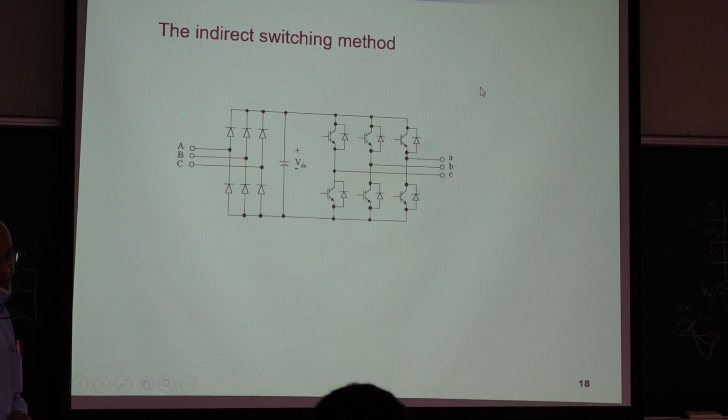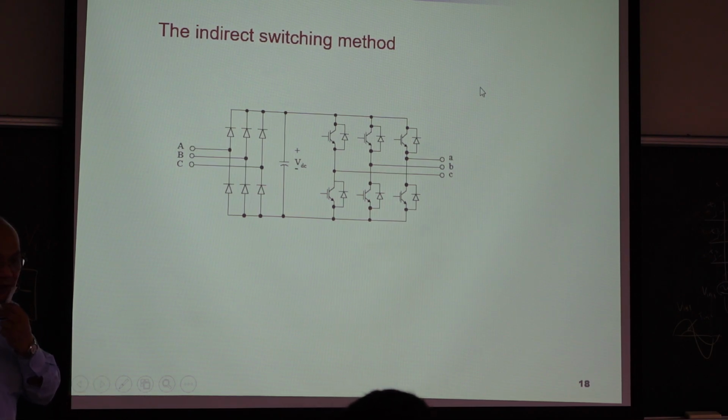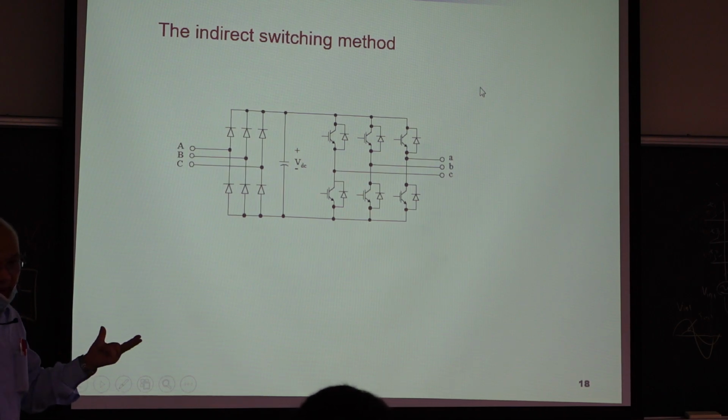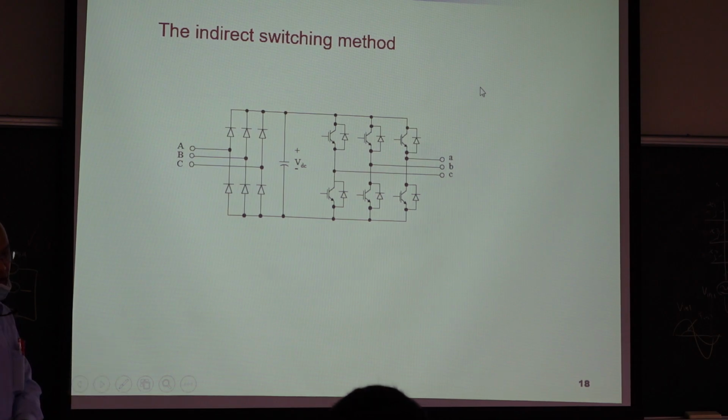Which one is better? If you think this is better, please raise your hand. If you think this is better, please raise your hand. Which one has fewer switches, cheaper switches? This one or this one?